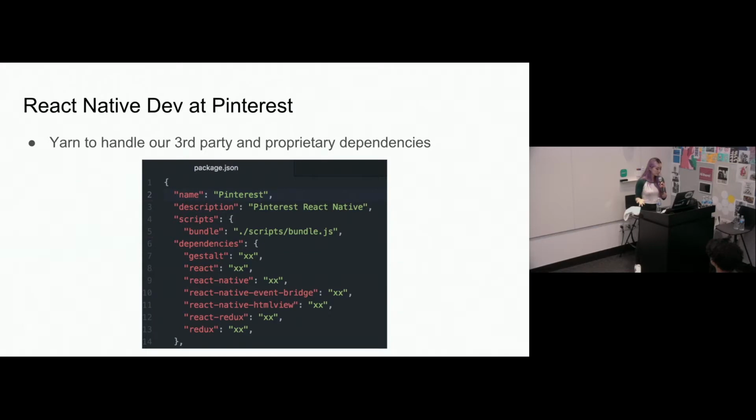For example, we use both Redux and React in our React Native views as well as on Pinterest.com. We use this UI library called Gestalt. It's actually an open source UI component library from Pinterest, and we use it in both desktop and React Native. So that's another plus: you have the ability to reuse your web code.